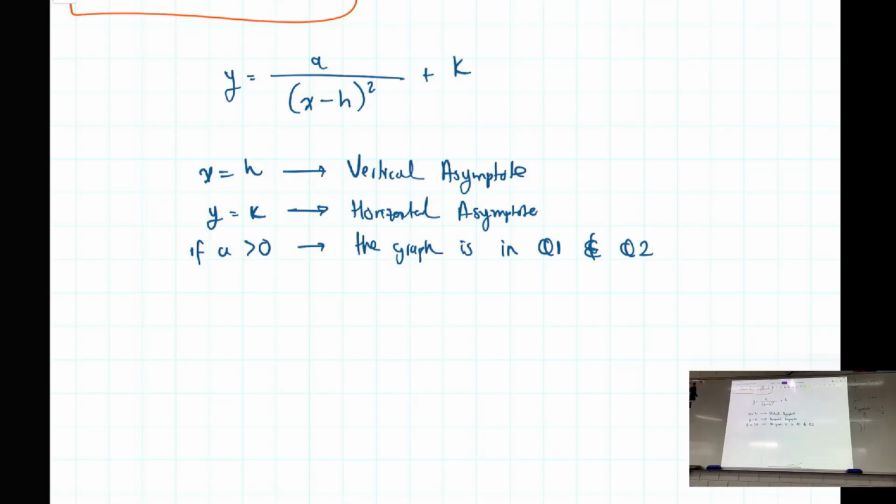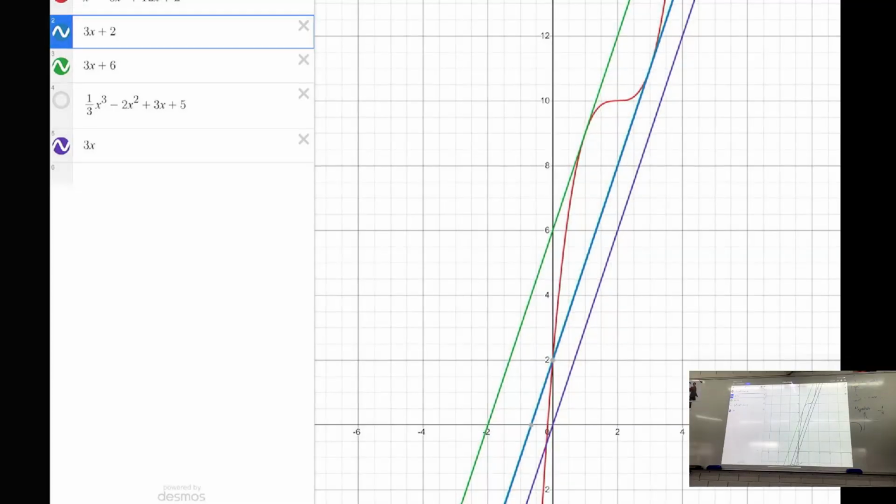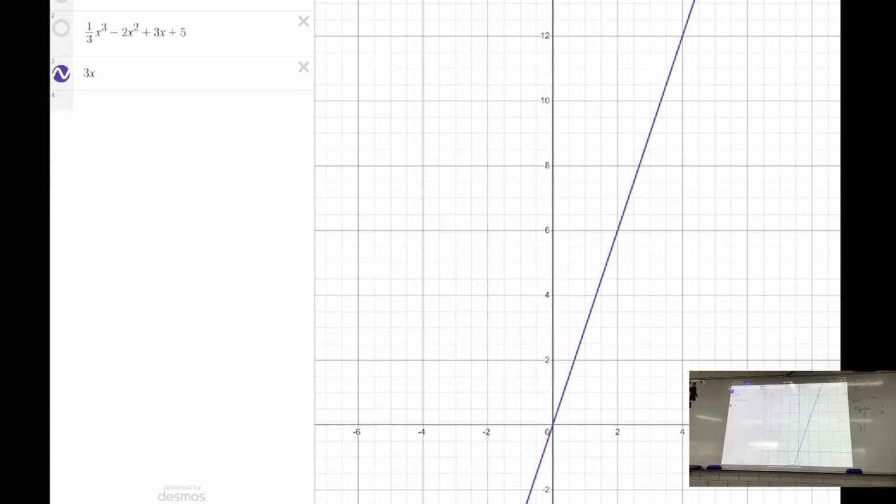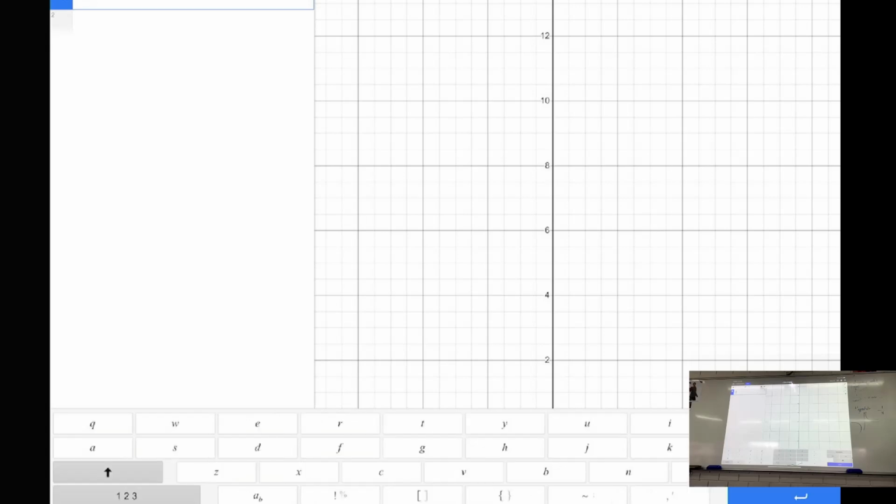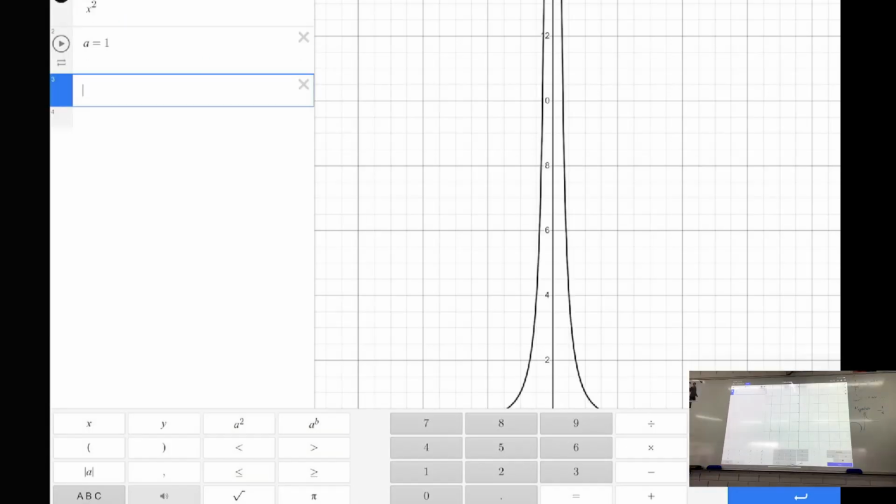But what happens if a is less than 0? Well, let's see it. So a over x squared, right?